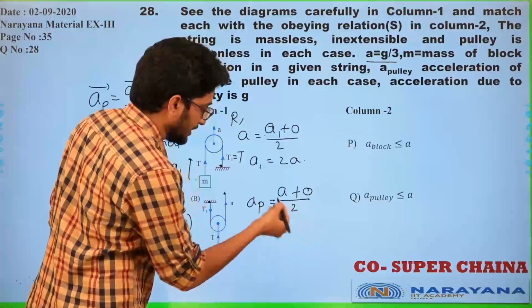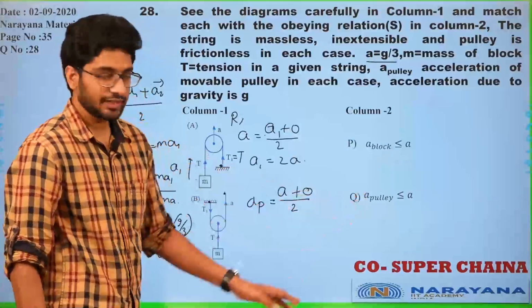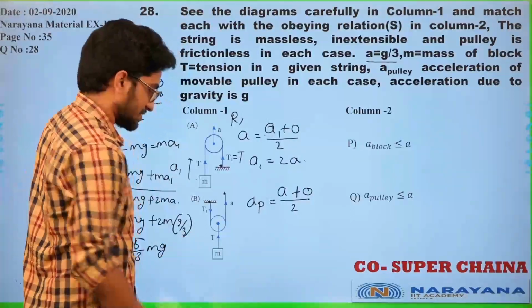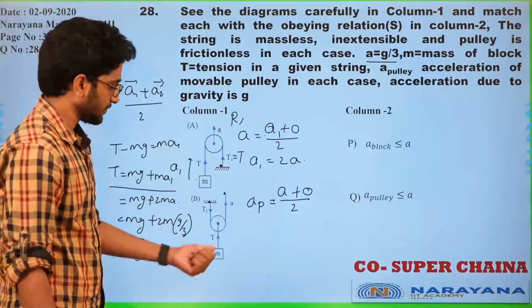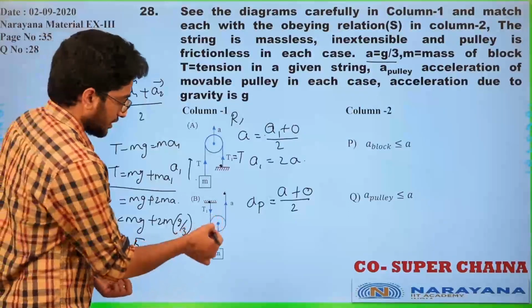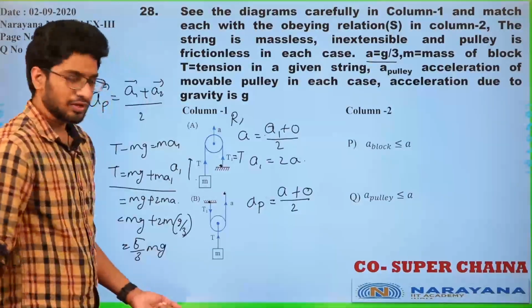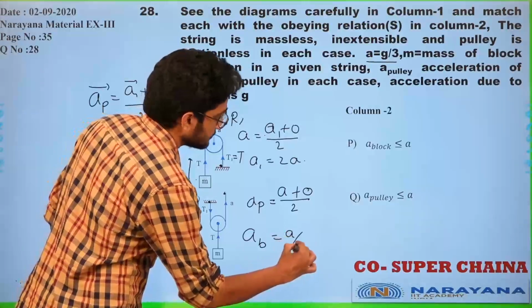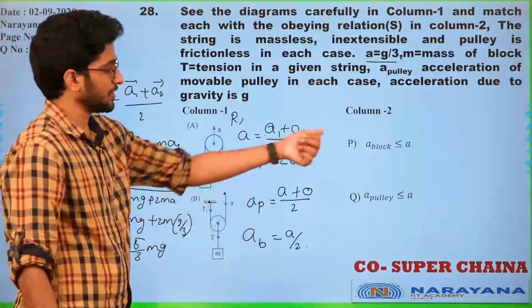So the acceleration of the pulley is a by 2. So this option is correct, the acceleration of the pulley is less than a. And how about the acceleration of the block? Here the pulley is directly attached to the block, so the acceleration of the block is also a by 2, less than a.